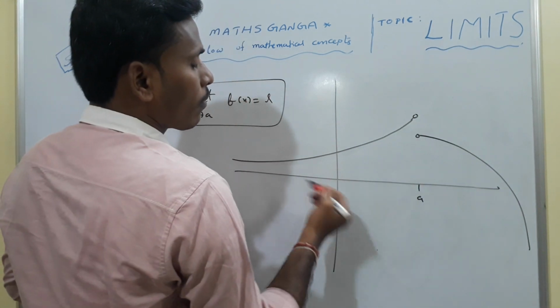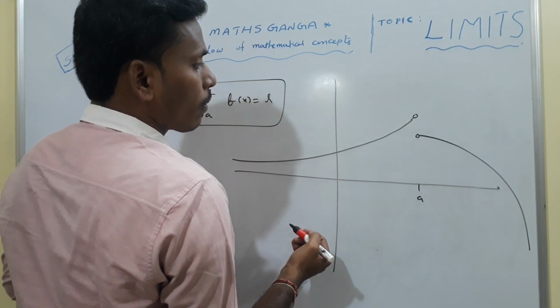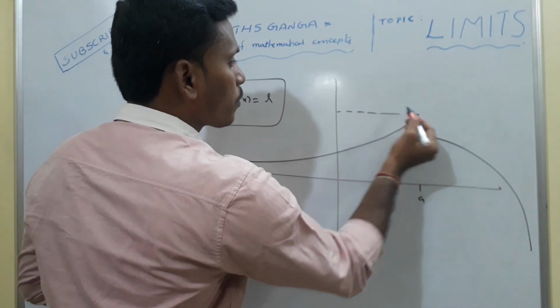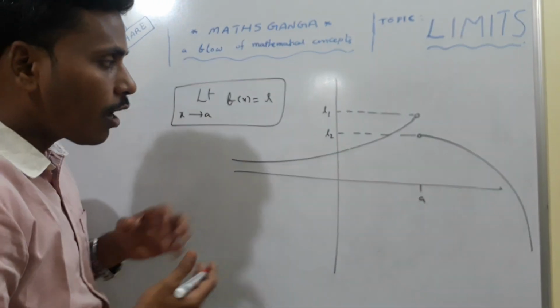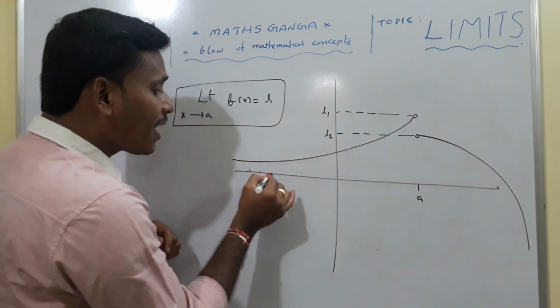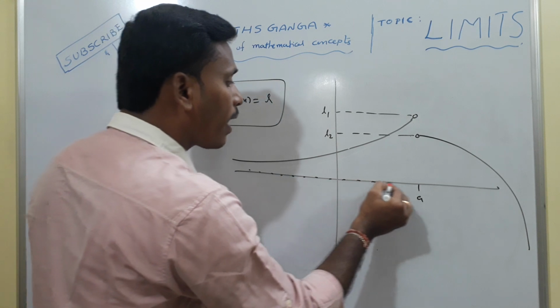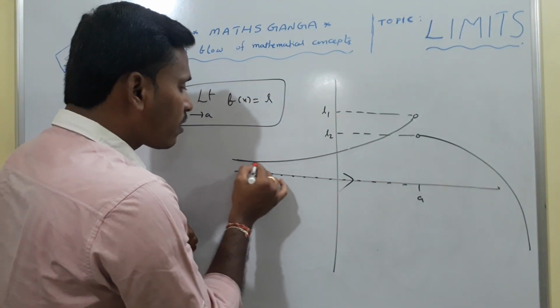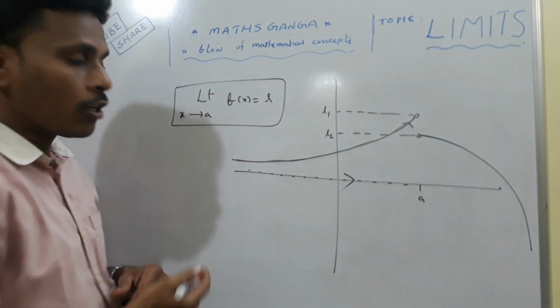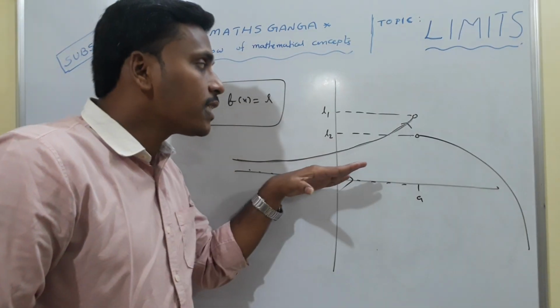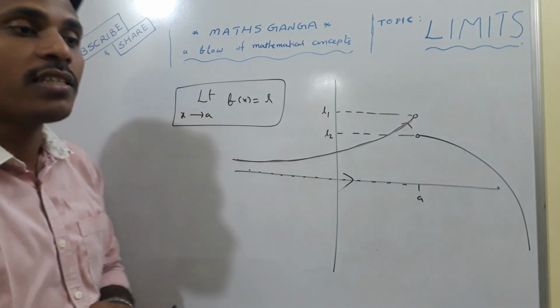This value corresponds to L1 and this value corresponds to L2. Now if you observe, if x is running on the x-axis towards A from the left side, the graph is running towards the value L1 of the y-axis. So the left hand limit of the function is L1.